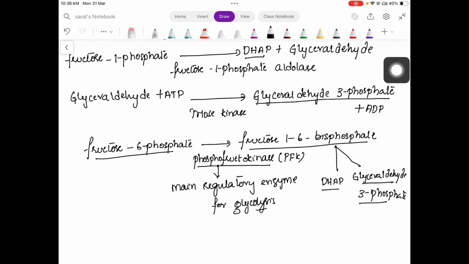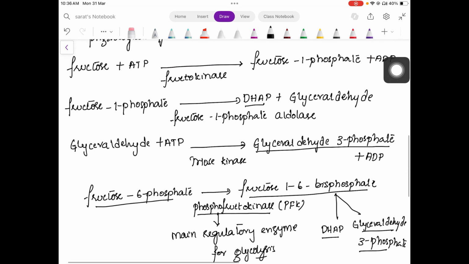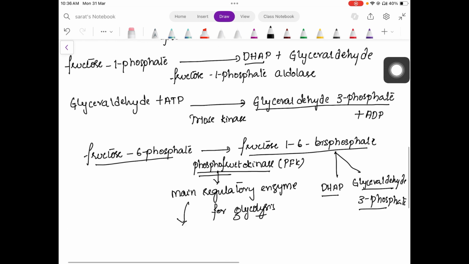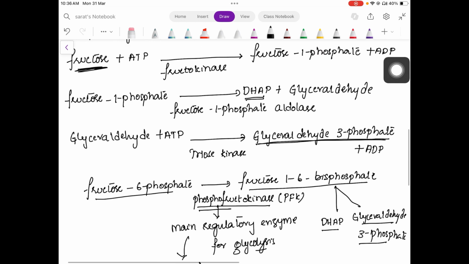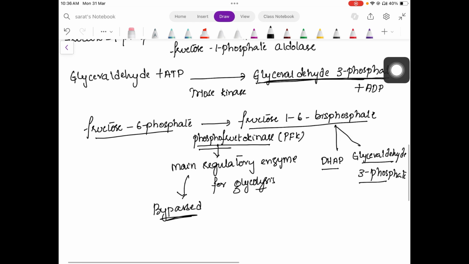But whenever you are taking a high amount of fructose, this regulatory step is bypassed, and dihydroxyacetone phosphate and glyceraldehyde 3-phosphate are formed directly from fructose. So there is no regulation for formation of dihydroxyacetone phosphate and glyceraldehyde 3-phosphate.